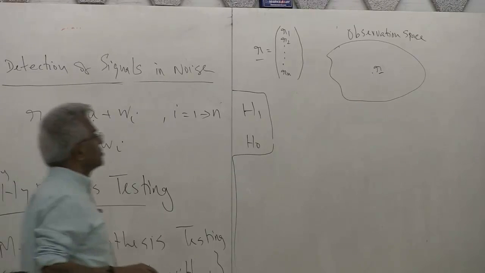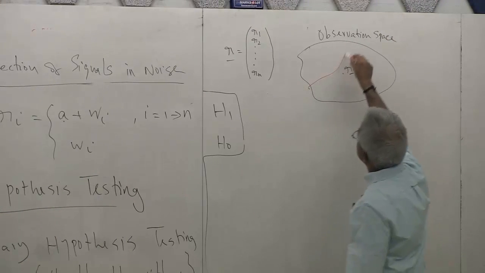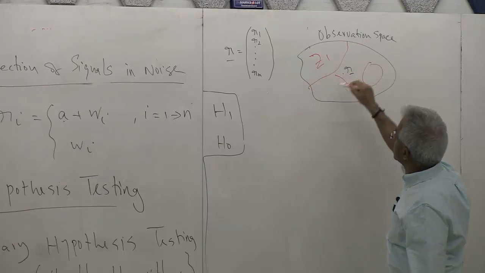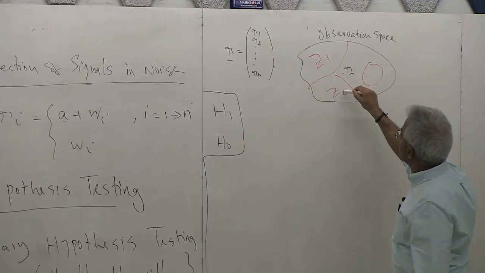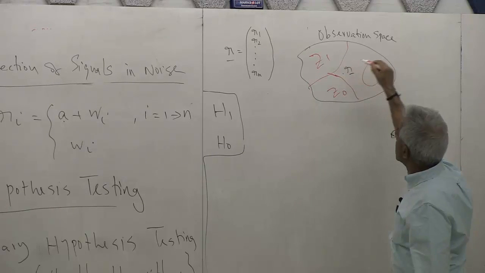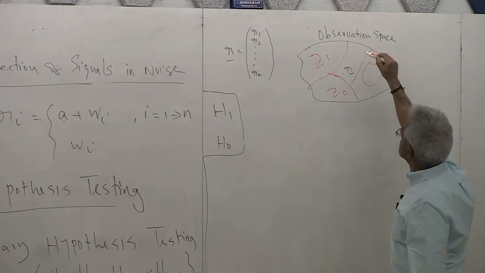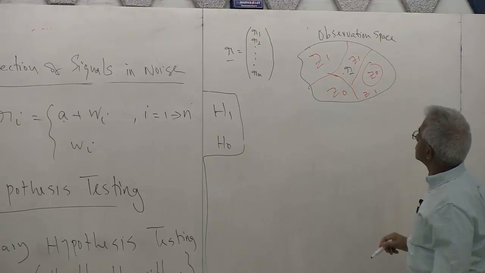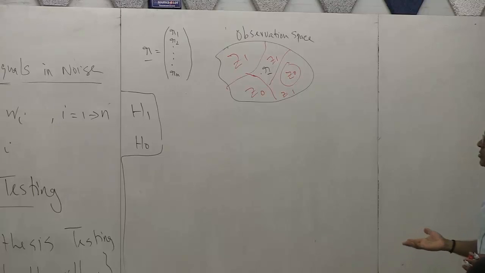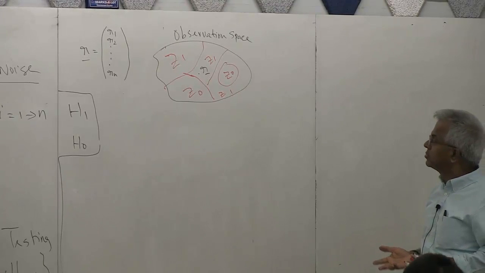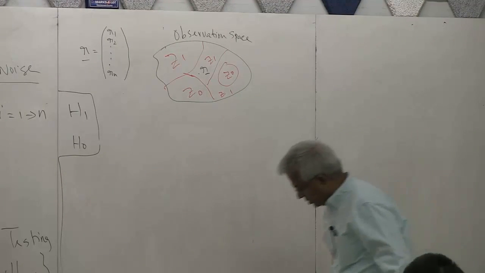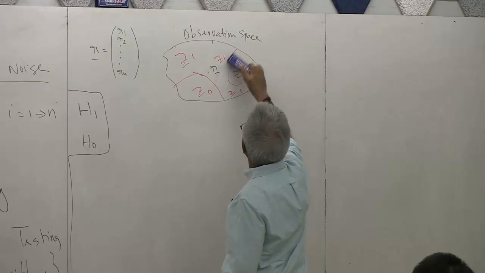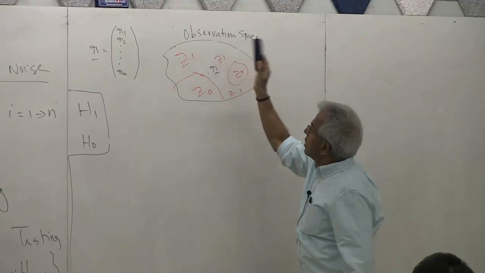So one way we could say is that somehow we need to partition this space, let's say into 2 regions. So I want to partition somehow the space into 2 regions. So the question is, how do you partition it? So I gave you one partition.